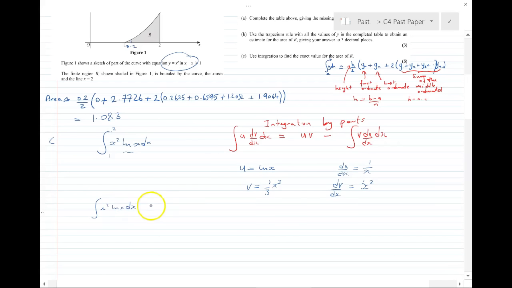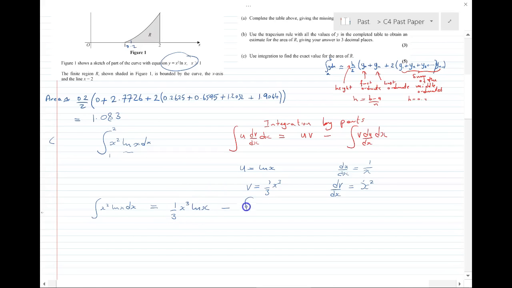So we have the integral of x squared ln x dx equals uv. So uv, that is 1/3 of ln x and x cubed. I'd probably be better off putting the x cubed before to avoid confusion there, so let's do that. 1/3 x cubed ln x.